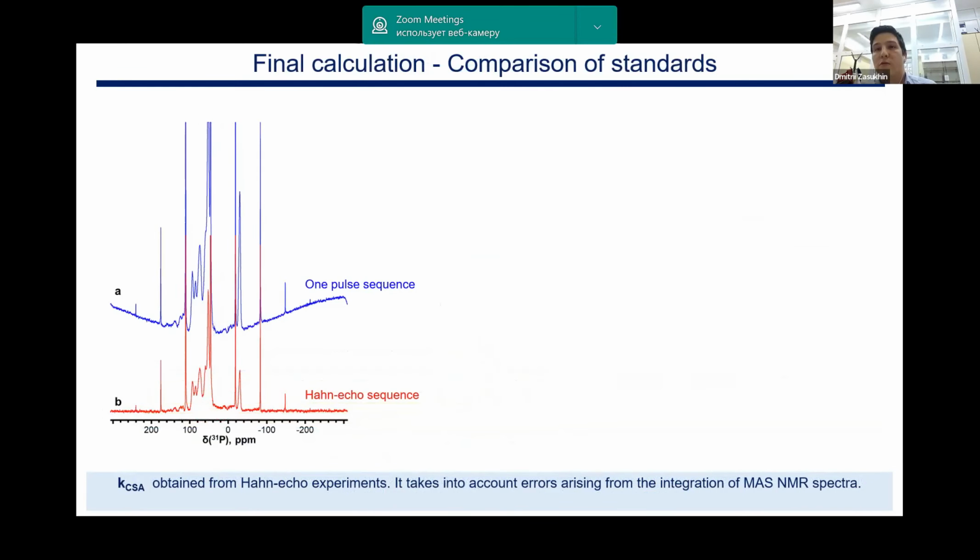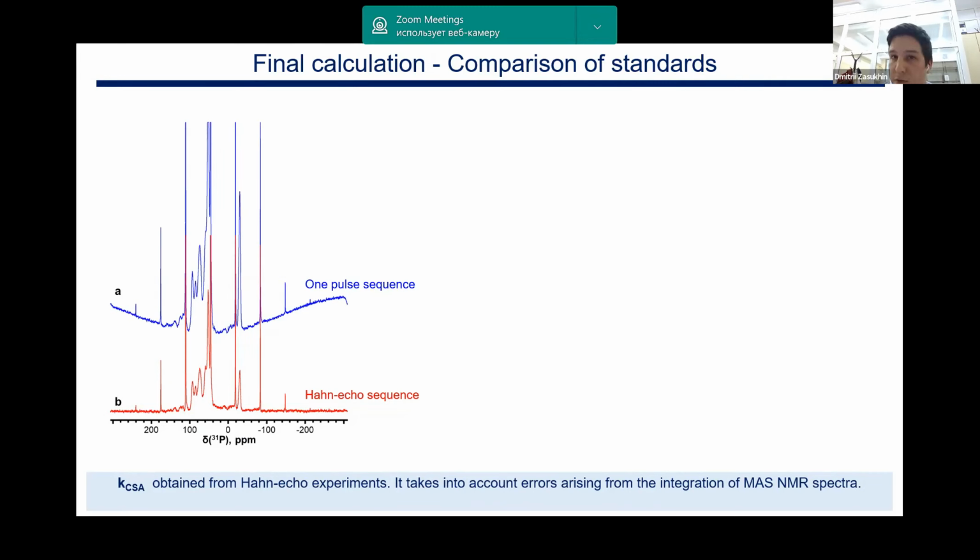Another important source of errors which we faced is the baseline distortion observed in single pulse, one pulse experiments. Subjectivity of the baseline correction makes it difficult to integrate spectra, especially spinning sidebands. To solve this problem, we recorded the spectra with the Hahn echo sequence because no baseline distortion is observed in them.